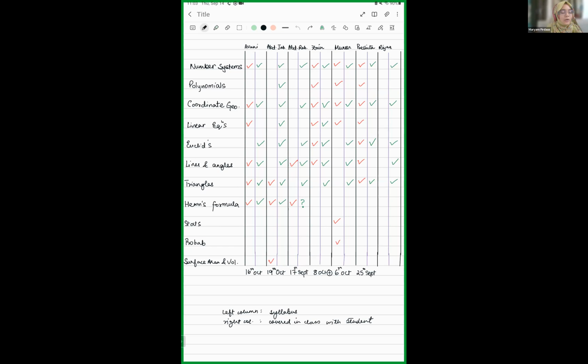But according to the attendance records, you were there in the entire July, and we have done Heron's formula in July itself. So you were there during the Heron's formula chapter. But you are saying that you want a revision class. No problem. We will give a revision class. But the issue is that your exam is just in 3 days.